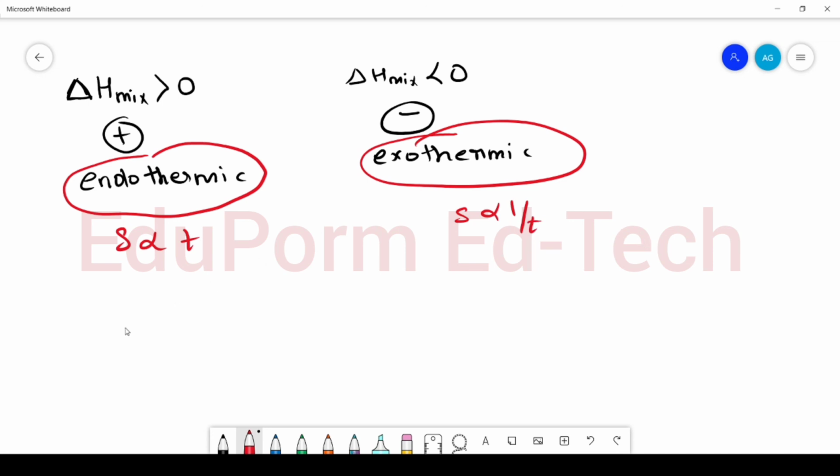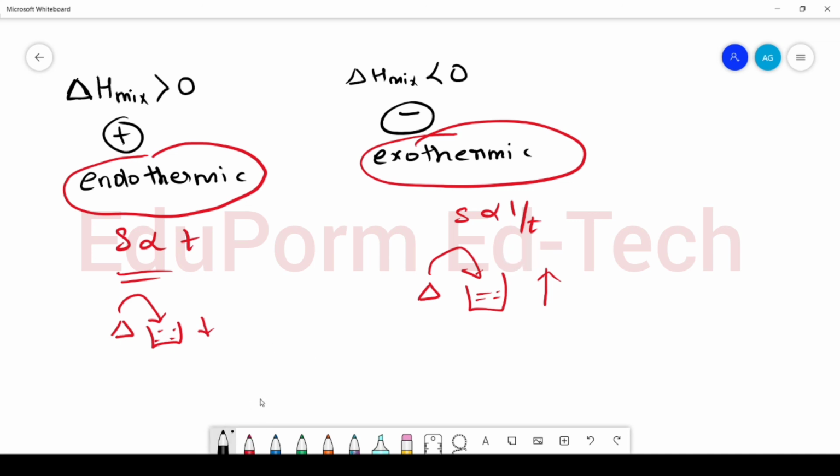So if dissolving a solid solute in a liquid solvent results in absorption of heat, then solubility will increase with increase in temperature. Whereas if the addition of a solid solute in a liquid solvent results in release of heat, then the solubility will be inversely proportional to the temperature.